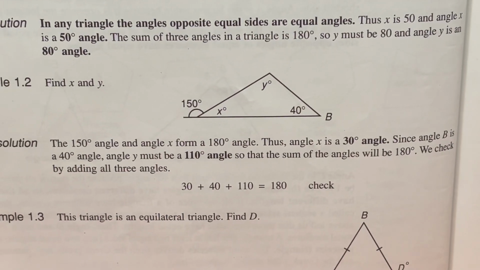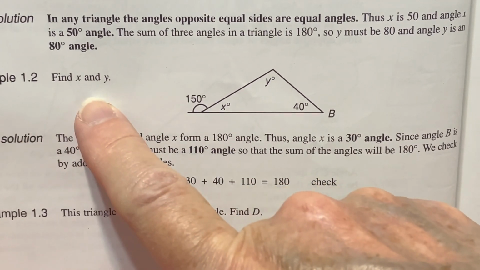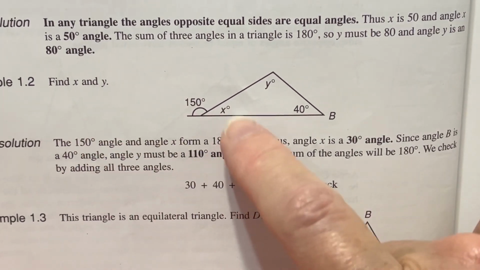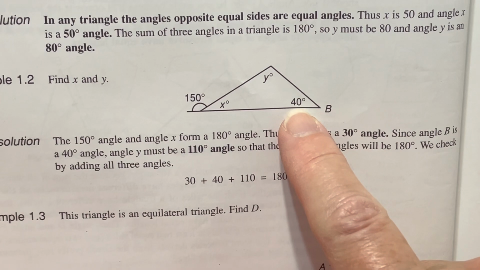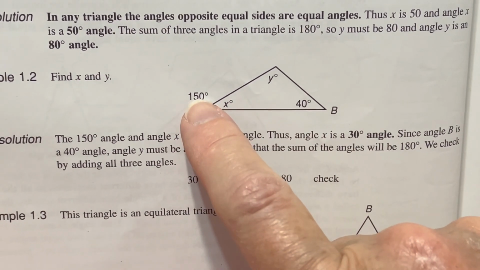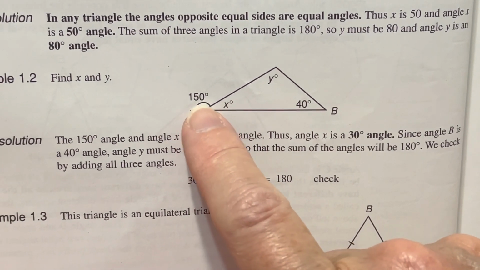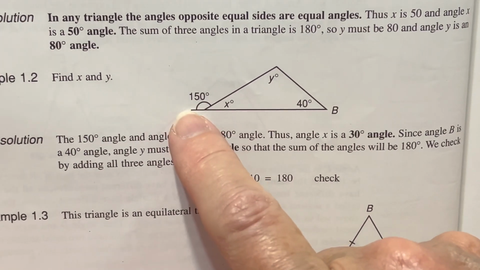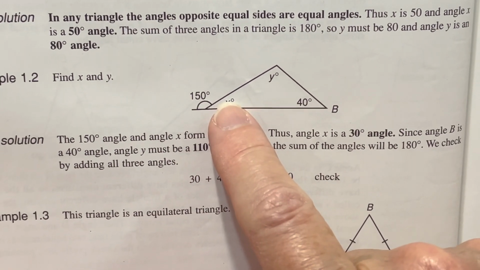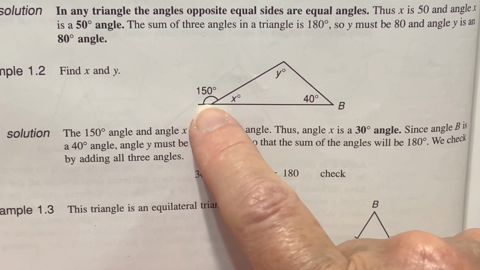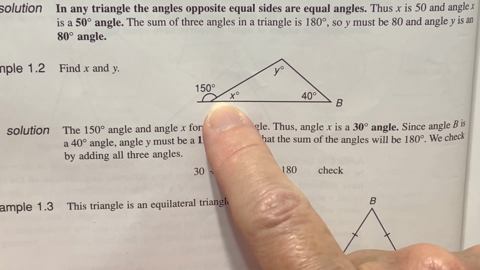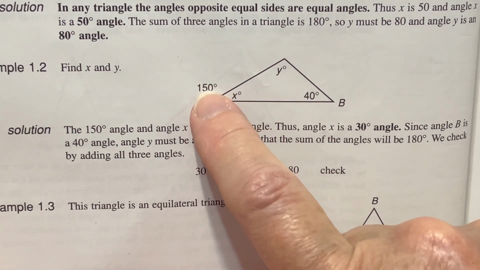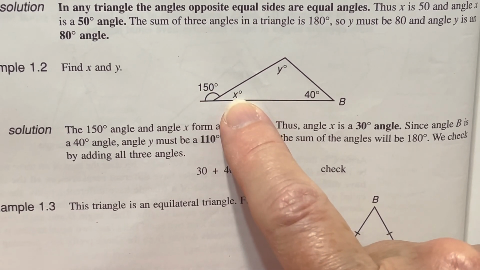On example 1.2, we're to find x and y again. So we have x, we have y, we have 40. They tell us that this external angle here is 150. Since this angle and this angle make a straight angle, together they must equal 180 degrees. So 150 from 180 is 30.